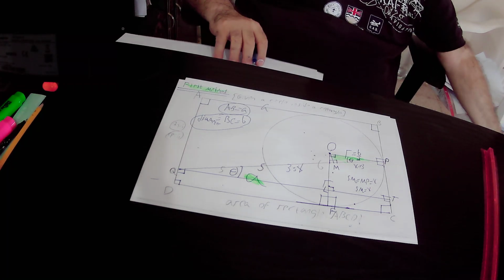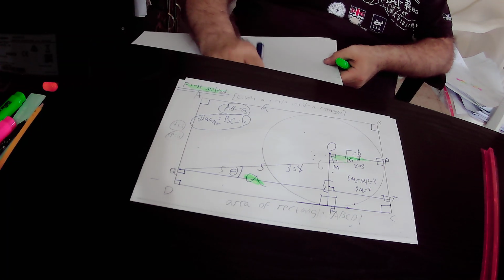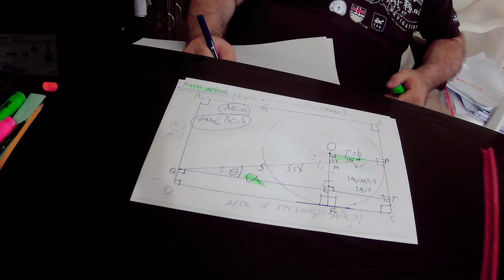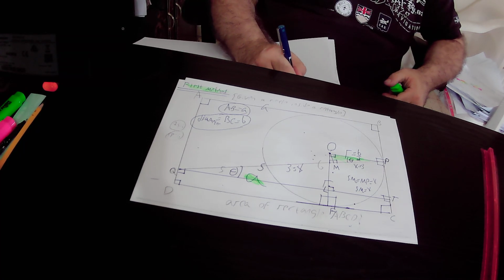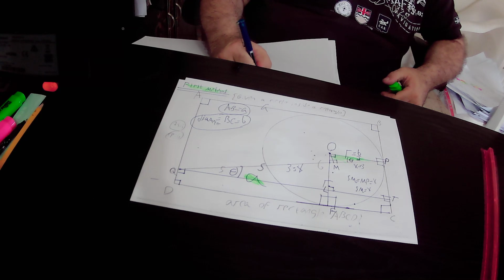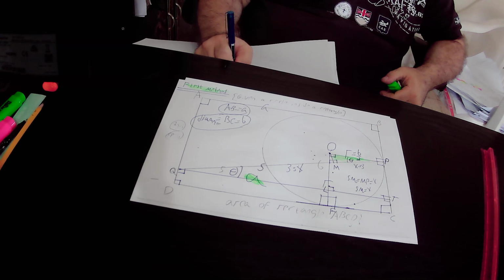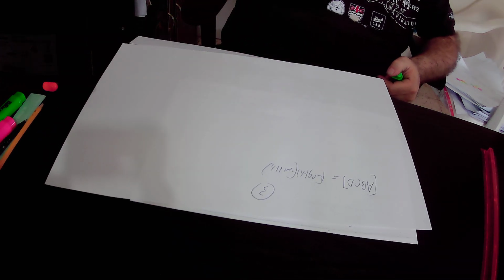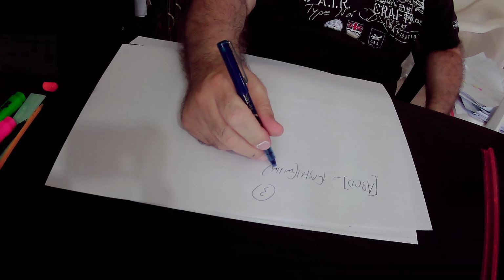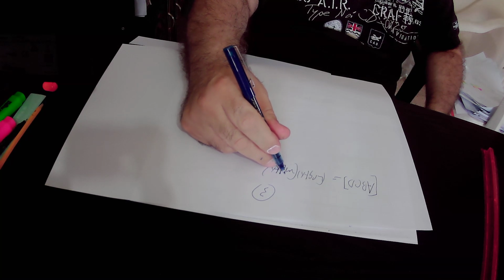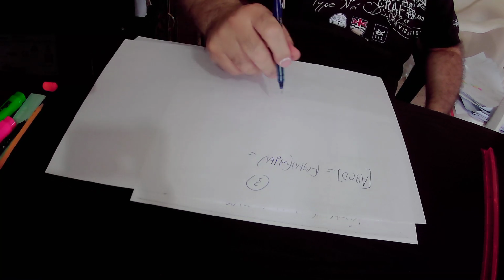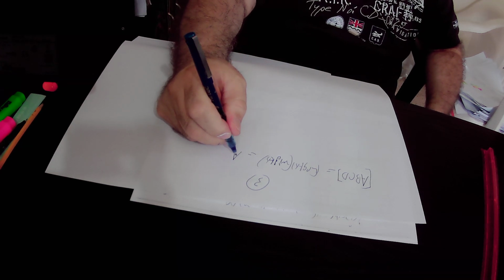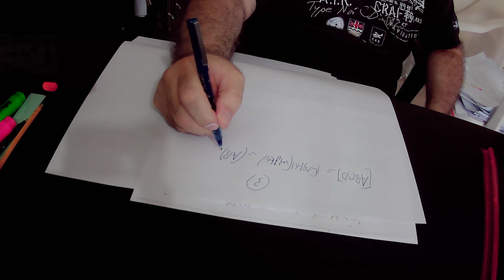And what is the area of rectangle ABCD? The area of rectangle ABCD equals the length of the rectangle times the width. The length of rectangle ABCD is AB, the width is BC.